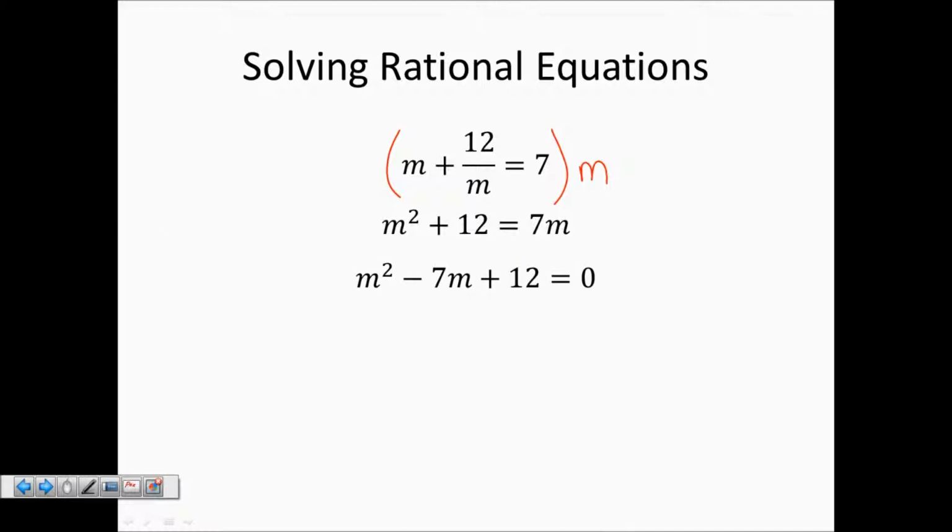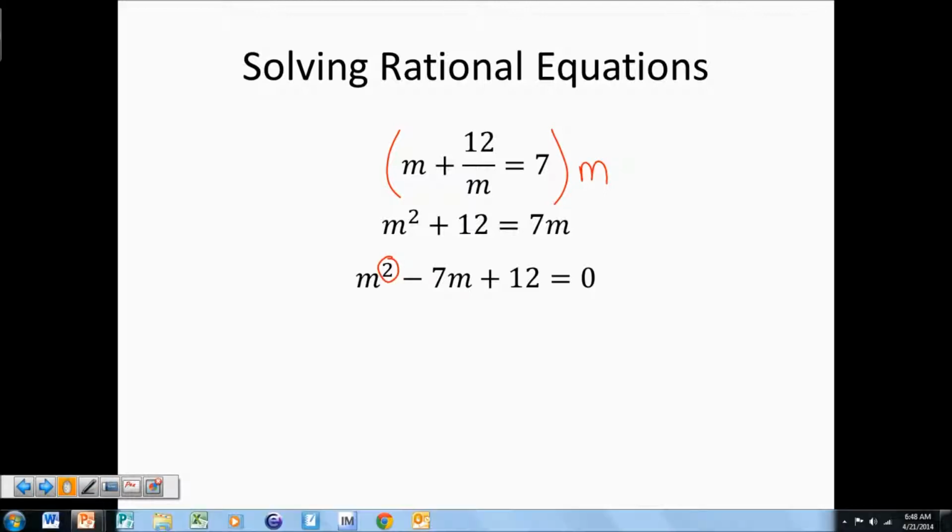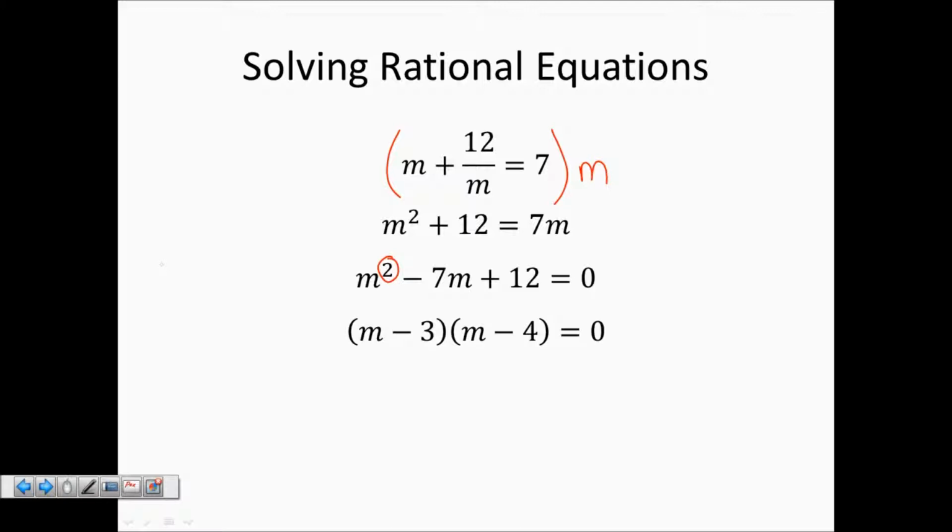Move everything to one side and what we've got is a quadratic. We see this square here, so that means that it's a quadratic. So that means I'm going to solve it like a quadratic now. Factor it out, m minus 3 times m minus 4. Set each of those factors equal to 0. And then solve each of those factors.